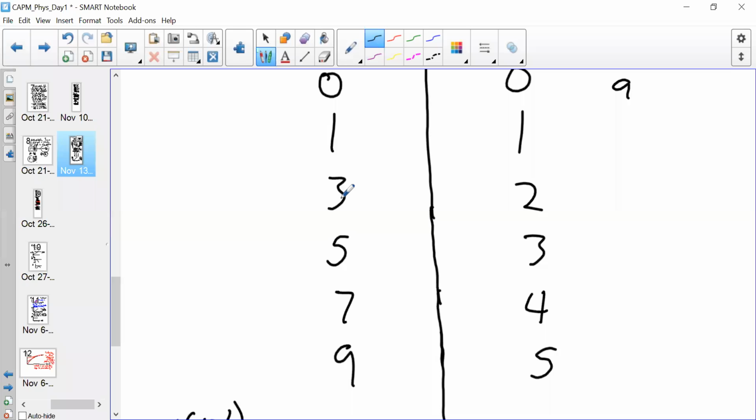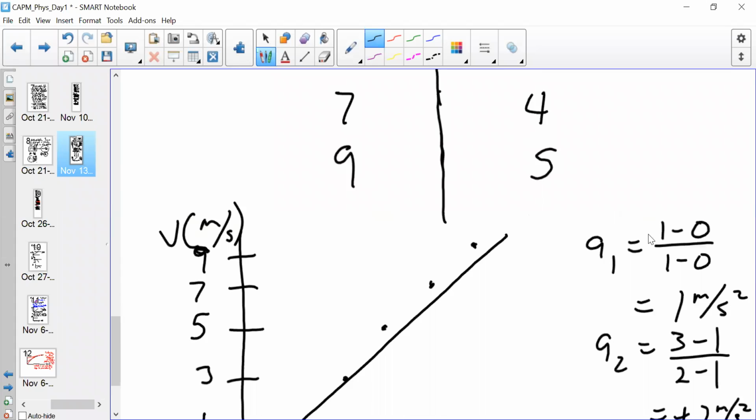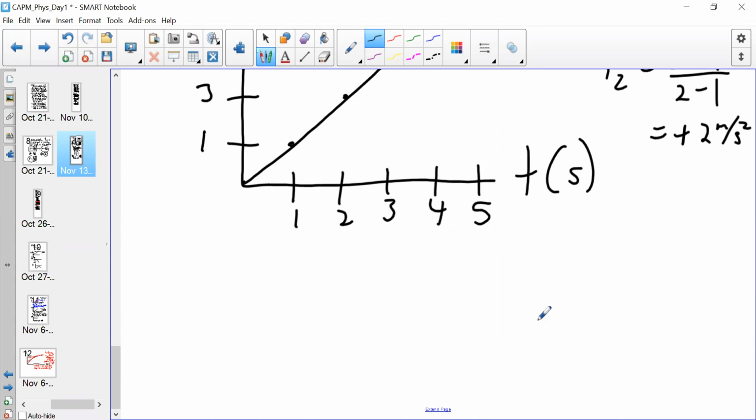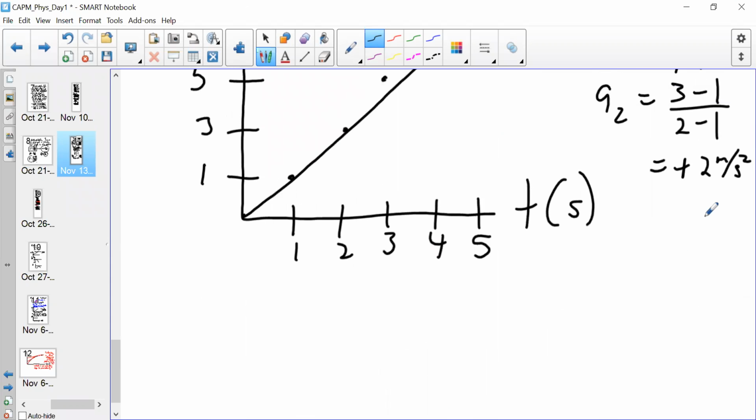So we're going to go from 3 minus 1, which we just did, over 2 minus 1, and that gives us 2. And then 5 minus 3, 3 minus 2, and so on. So that's going to be 2 meters per second squared for our first acceleration point, our important acceleration point there.